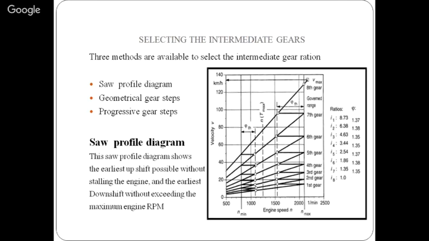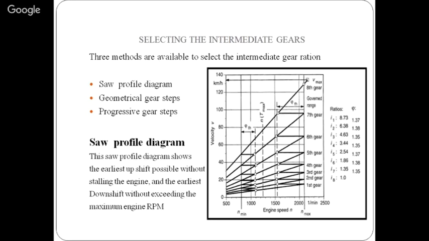Why? Because at that point the engine is not producing that much of torque. Reason? This is my, suppose, eighth gear. When in seventh gear, the engine is producing at this point 1500 RPM.